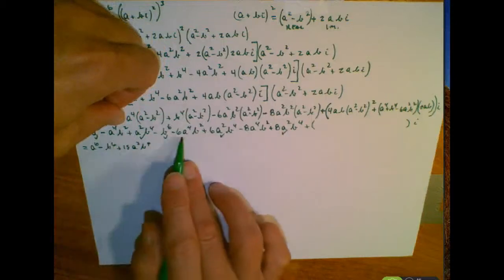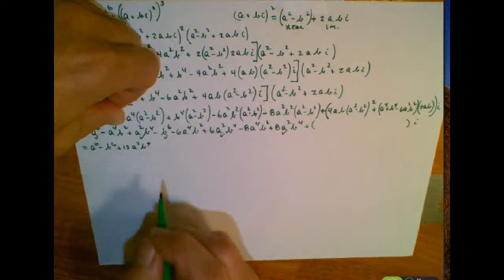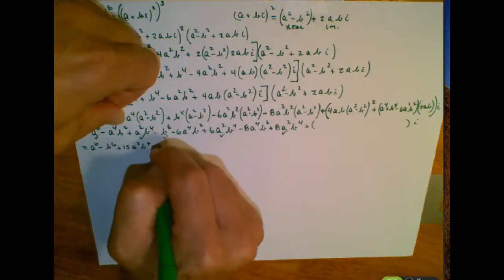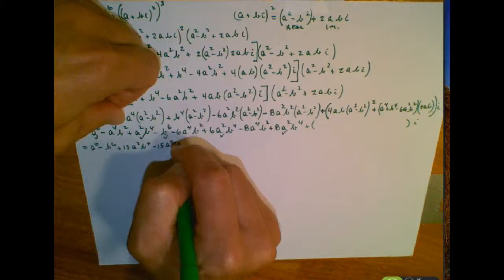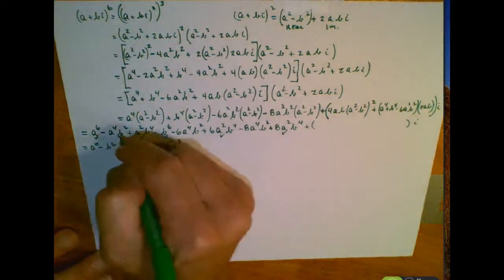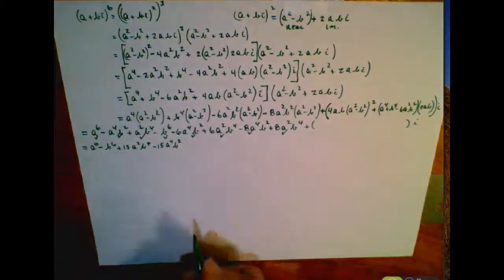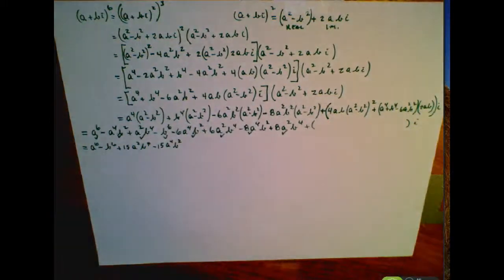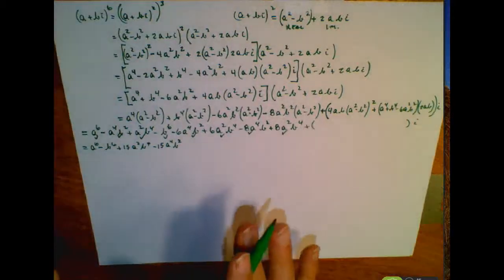And I have negative 1, negative 6, and negative 8. So I have minus 15 a to the 4th b squareds. And that takes care of it, if I check that one, that one, that one. Let's see, does every term have a check mark? Yes, it does. And look at how nice that cleaned up. So I'm done with my real part, and I think I'm going to leave it like that.